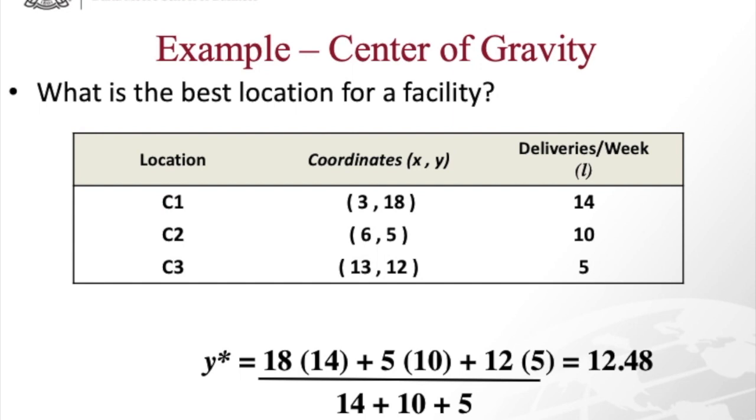Need to do the same thing for y. So I'm taking the y coordinate, so 18 times 14 plus 5 times 10 plus 12 times 5, divided by this sum here. And again, it shifts the y variable towards 14, right? Towards this coordinate, because that's what I'm delivering more frequently.